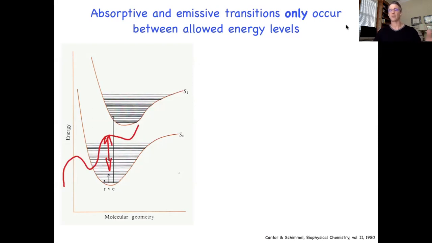The light will simply pass right through undetected. So another way to think about this is that the light coming in has to match the energy separation of that transition state dipole, so that absorption only occurs between allowed energy levels.